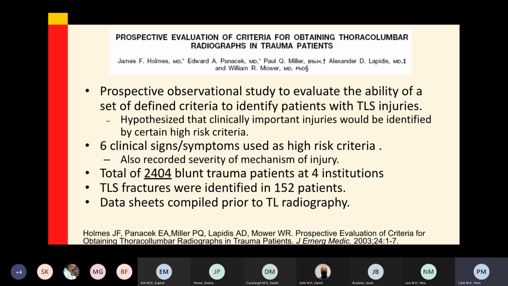So this was an observational prospective study looking at over 2,000 trauma patients who came into 4 different institutions. They found 152 thoracolumbar spine fractures, and they looked back and came up with 6 criteria that they hypothesized would, if any one of them were present, pick up all the thoracolumbar spine fractures.